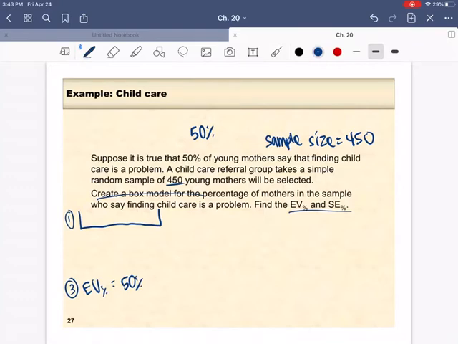So a box model, when you're dealing with percents, is just either it is or it's not. It is 1, 0 is not. So 50% say they have a hard time finding childcare. 50% say they do not have a hard time finding childcare. Step 2, we don't need the average of the box because the only reason we calculate the average of the box is to get the EV, and we already have the EV percent. We do need the standard deviation of the box, and that's this cool fancy formula, 0.5 times 0.5 square rooted.